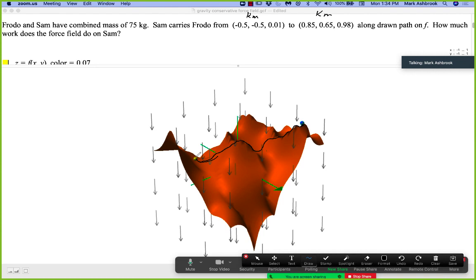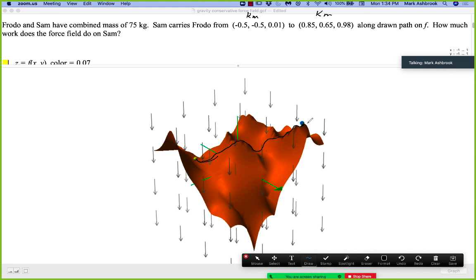And then our final point is 0.85, 0.65, 0.98, and they're going to go along this path. We want to figure out how much work does Sam do to get them from the starting point to the ending point.